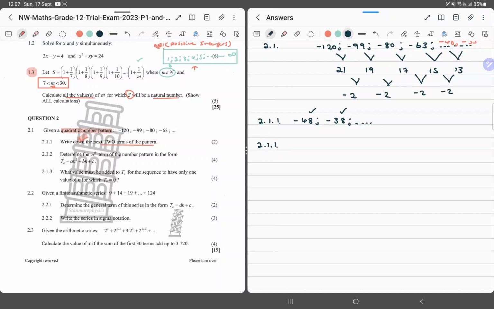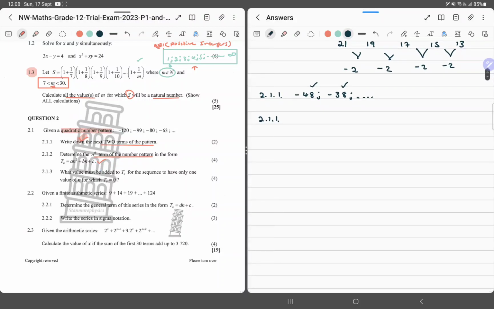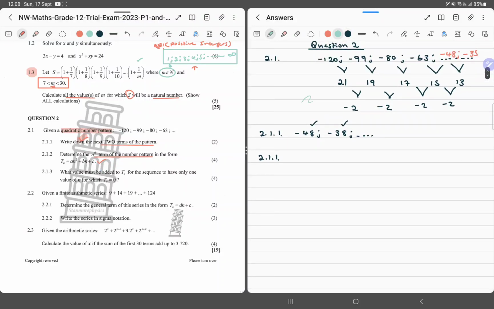So 2.1.2, we're told determine the nth term of the number pattern in the standard quadratic format. Again, a very easy situation here. You already know that the second difference is going to be equal to minus 2.